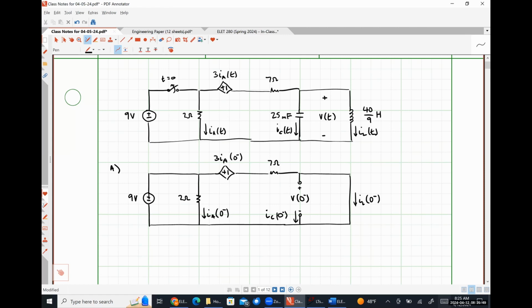So this is what our circuit looks like at t is equal to 0 minus.